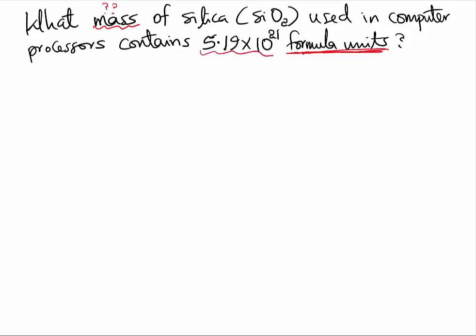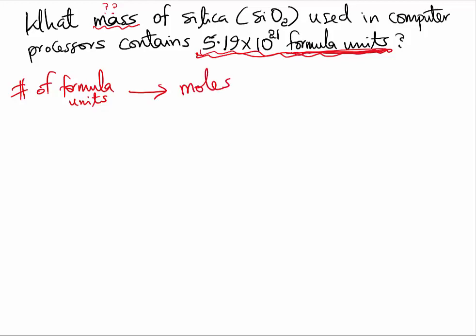We know how many molecules. So how can we go from the formula units to the mass? We know the number of formula units, or think of it as number of molecules. We can convert that to moles. We know the relationship that is needed to make that conversion.